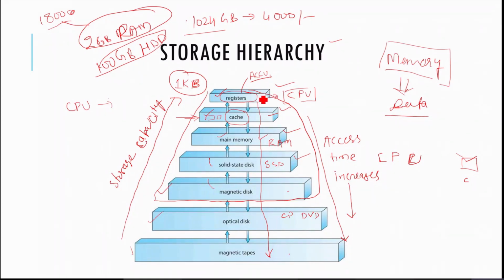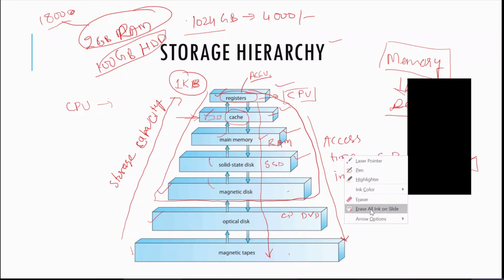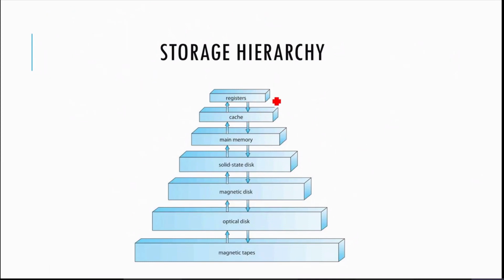So this is the hierarchy of memory that we find in the computer system and their access speed. I told you that registers capacity you may think of in KB or MB, like 16 MB, 17 MB.